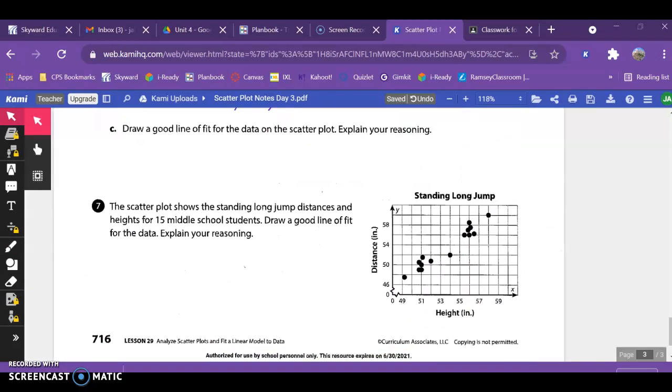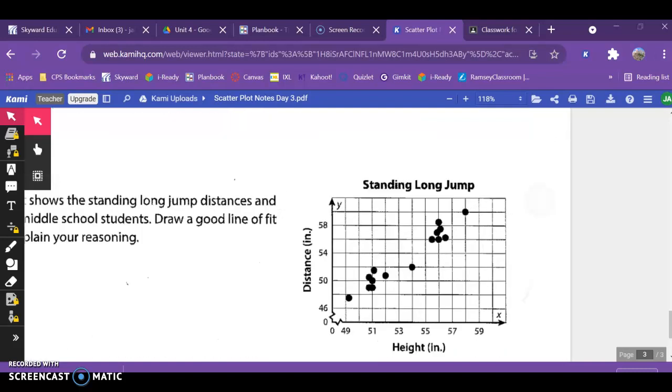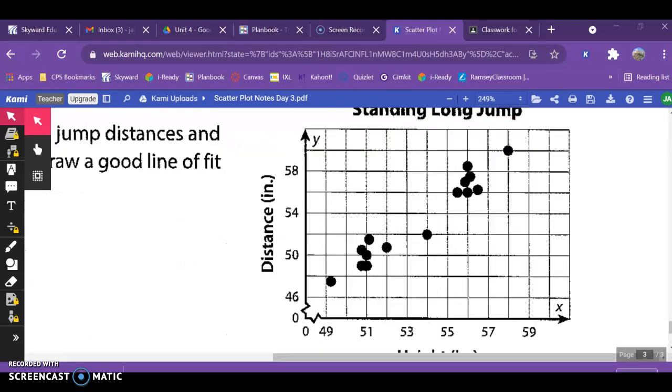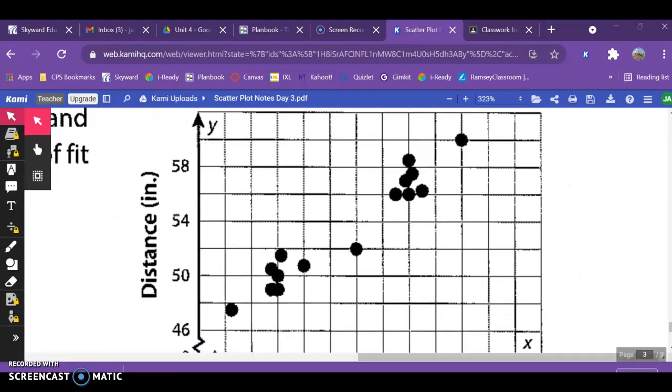And then our last question says the scatter plot shows the standing long jump distances and heights for 15 middle school students. Draw a good line of fit for the data and explain your reasoning. So what I see here is 2 different clusters. So I'm going to try to draw a line that's going to go through the middle of these 2 clusters.